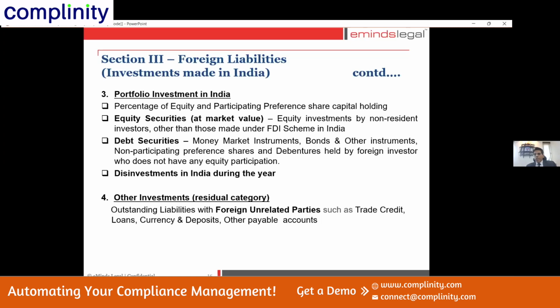If the preference shareholders have a right in either of these, then those become participating preference shares, which means they have a right in the overall net worth of the company. But if there are no such rights, those are considered as non-participating preference shares, even though that is considered as share capital.